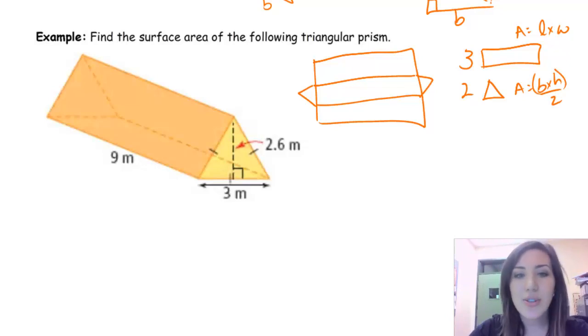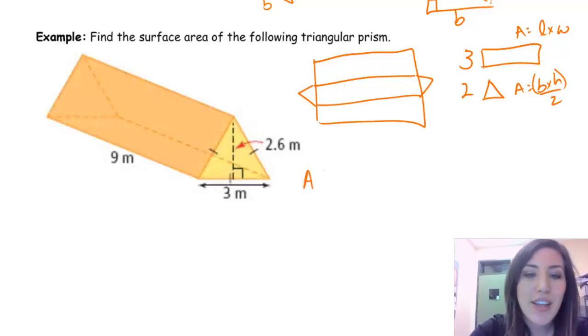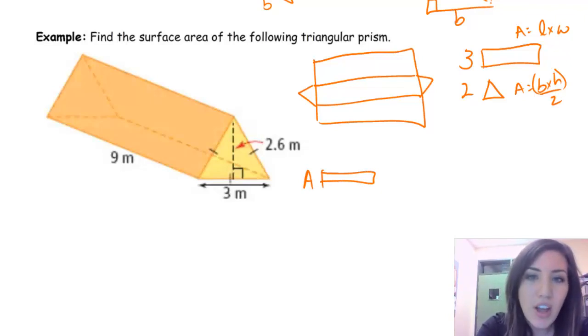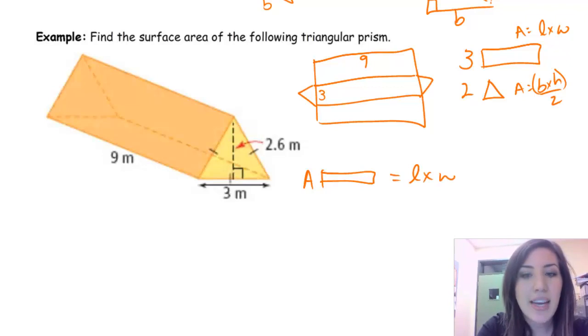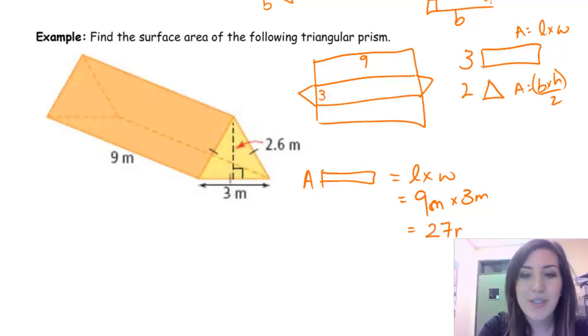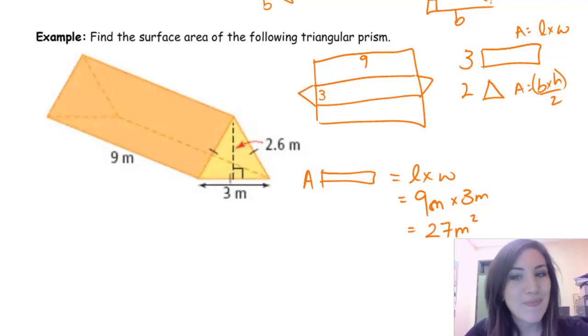So let's do the rectangles first. If we want to find the area of a rectangle, we can start adding these values in here. The long part is 9, and the short part here is 3. So the area equals length times width, and we have a length of 9 meters times 3 meters. 9 times 3 is 27. Meters times meters is meters squared. There you go.